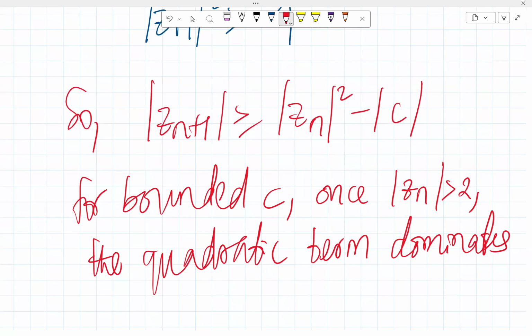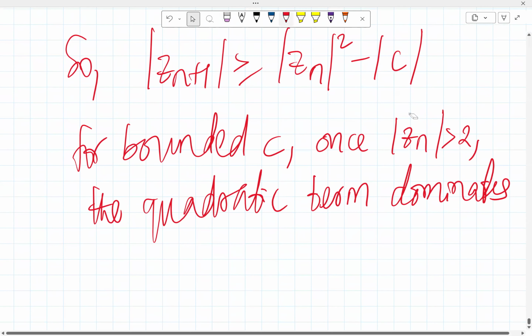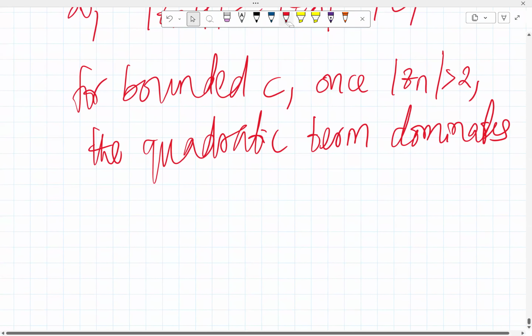The meaning is that if C is not getting so big that it's approaching infinity, then Zn squared will always dominate as the value of Zn is increasing, and it's even the absolute value, so it will keep dominating C.